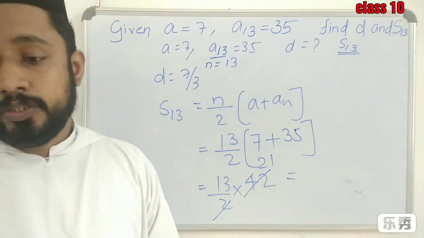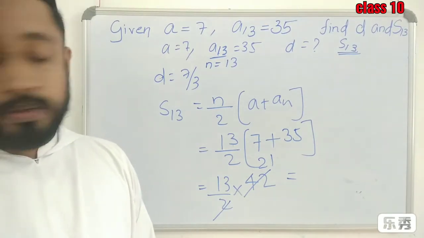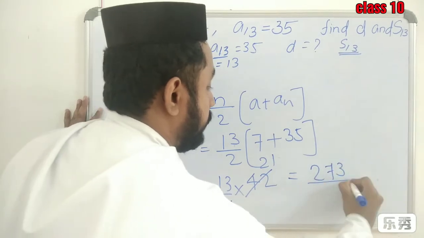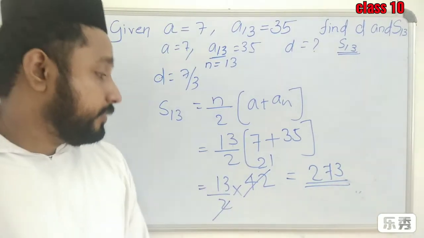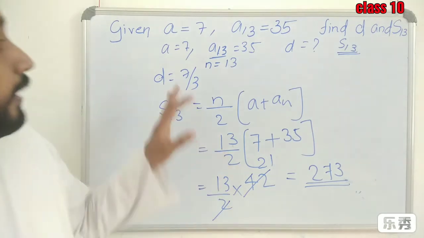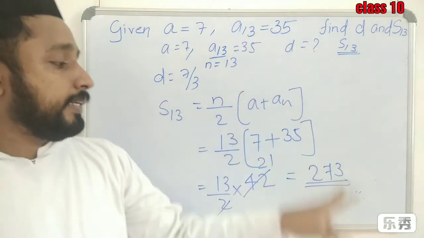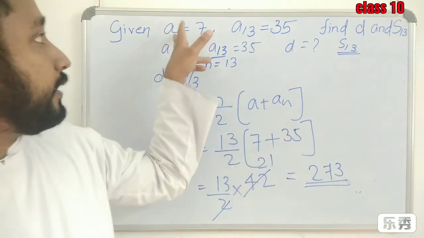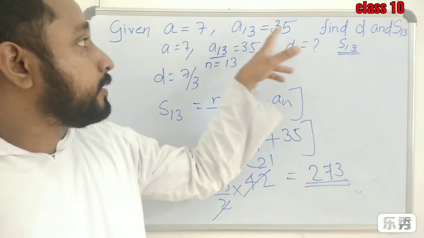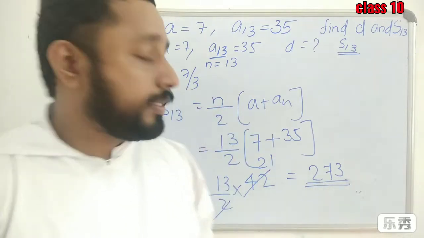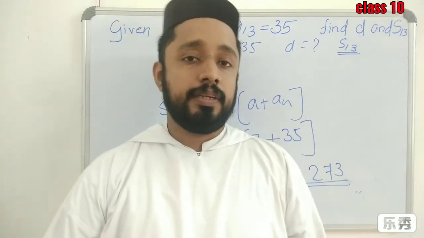So 13 into 21 is equal to 273. So the sum of the 13 terms, S13, is equal to 273. So using the given conditions a = 7 and a13 = 35, we found d = 7 by 3 and S13 = 273.